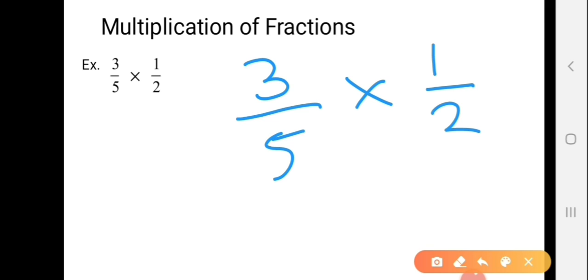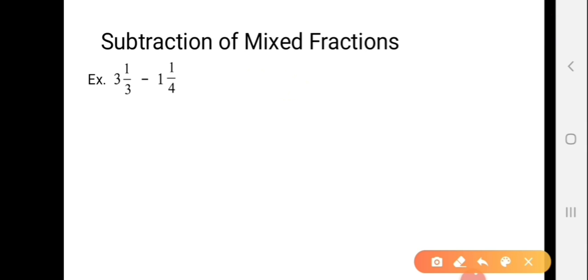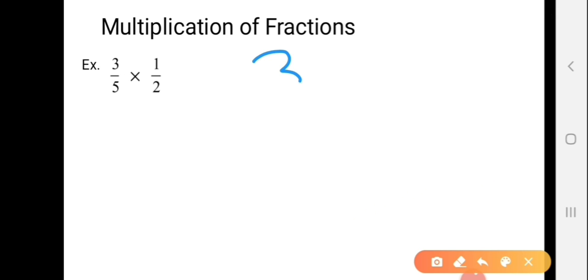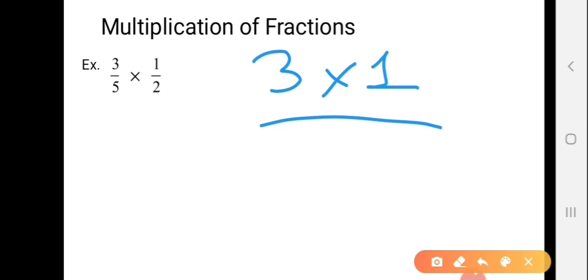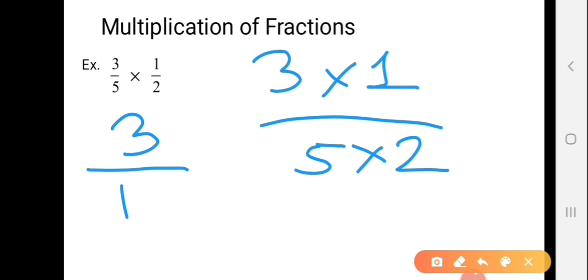Just multiply the numerator with the numerator and the denominator with the denominator. You do not have to convert into like fractions and then multiply. It is not like that. So the answer will be 3 multiplied by 1 is 3, 5 multiplied by 2 is 10. Simple as that, right? So our answer is 3 by 10.